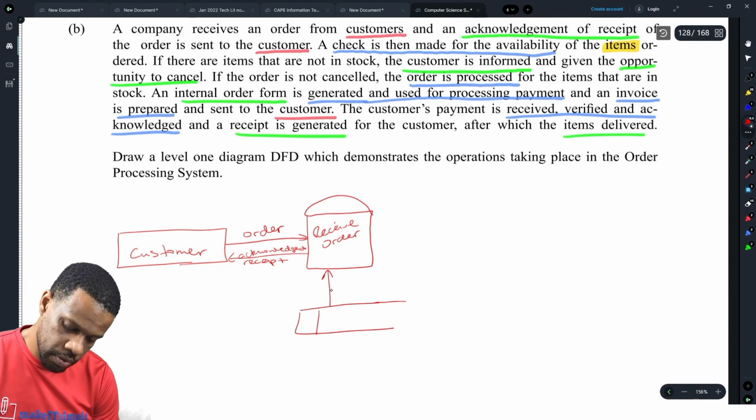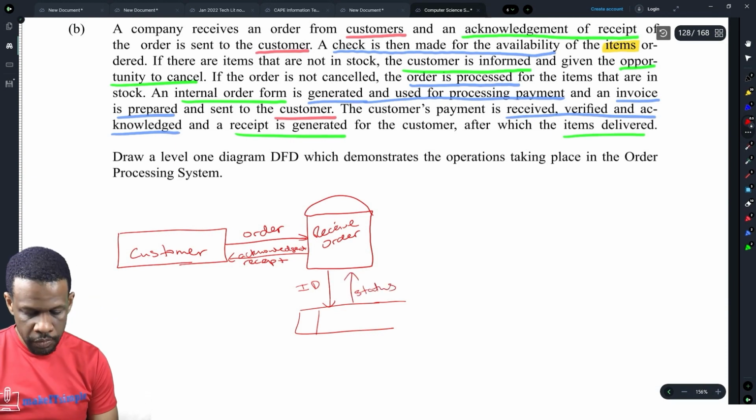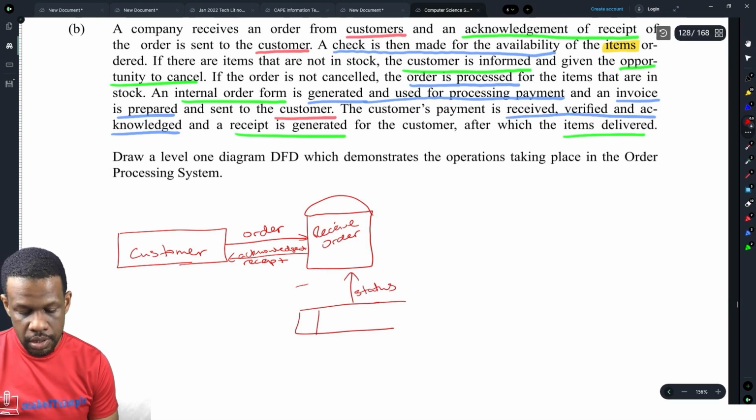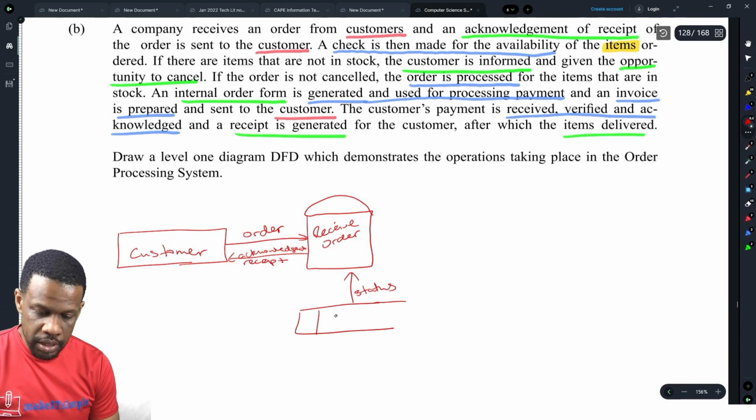We have to send the query in, which is the ID or something, and then we get back the status. Or no, we don't have to send anything, because if we send anything, we're storing it. We're not storing anything. All we're doing is checking for the status.